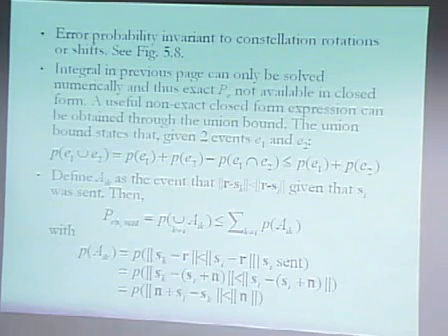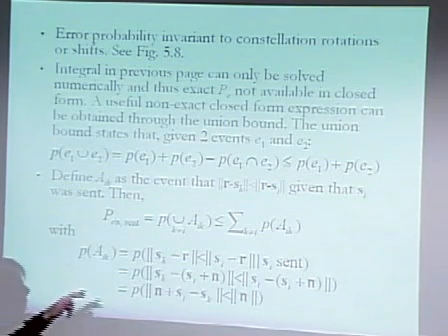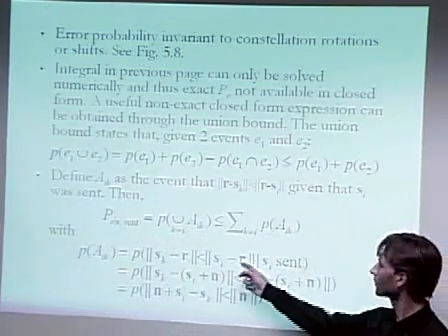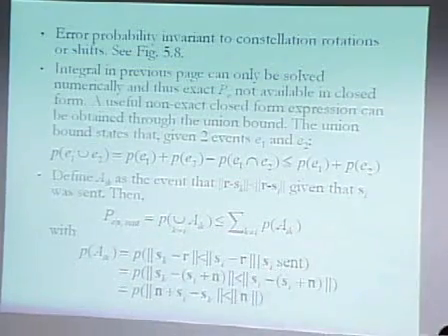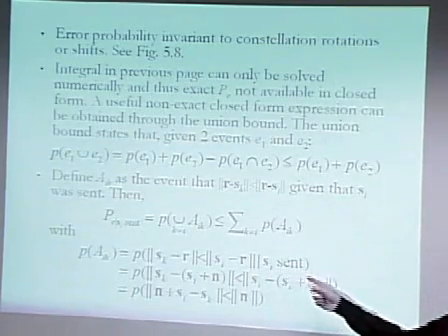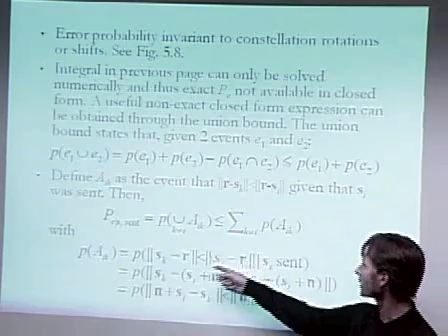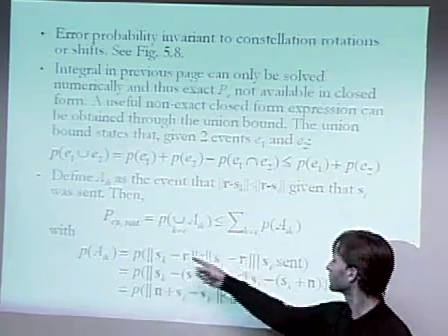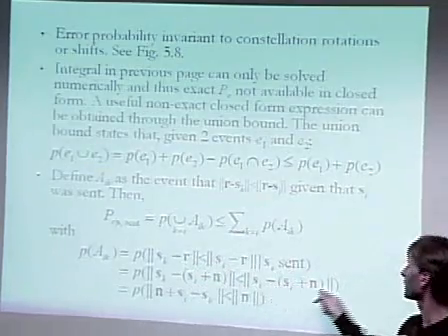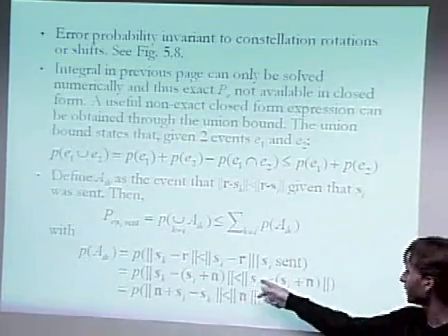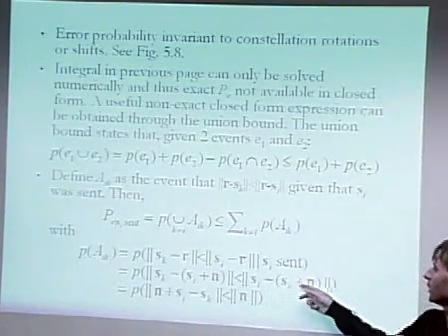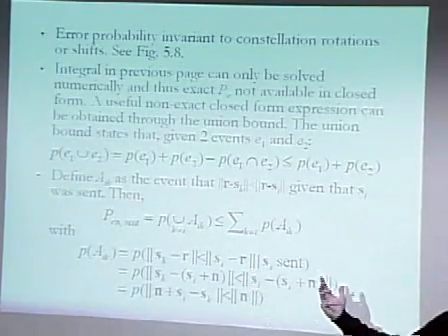All right? So we know that if S sub i was sent, then R is equal to S sub i plus noise. Okay? If we send S sub i, we receive S sub i plus noise. So we can replace R here and here by S sub i plus noise. See? Here we have a nice cancellation. S sub i is cancelled out, and we get just the noise. We get minus noise, but the norm is insensitive to the sign.